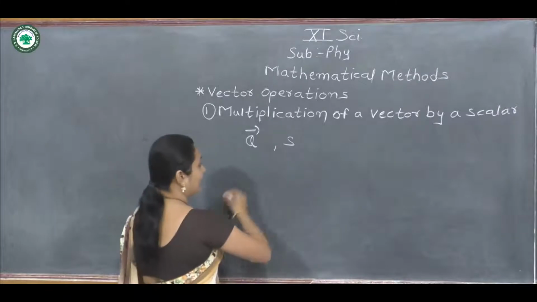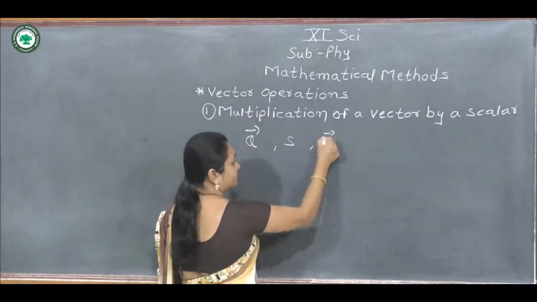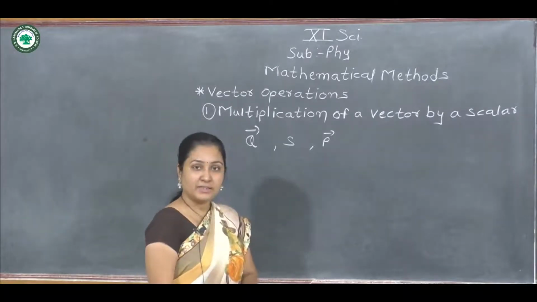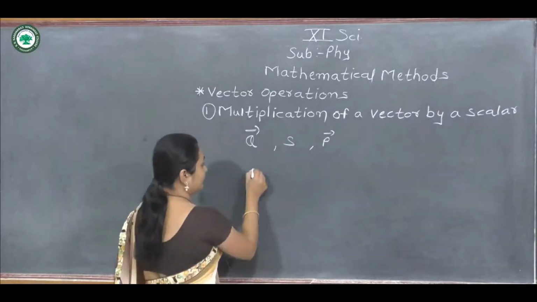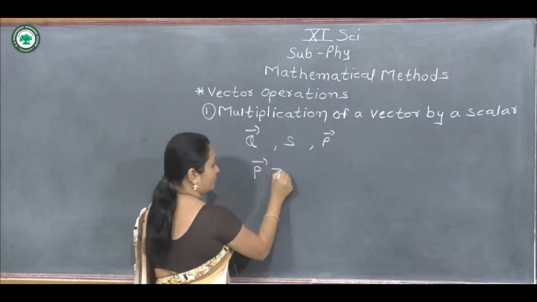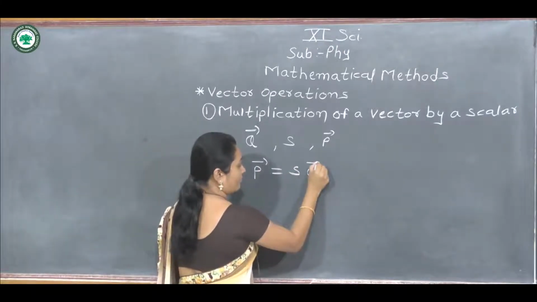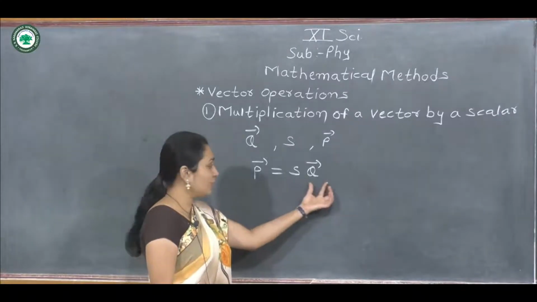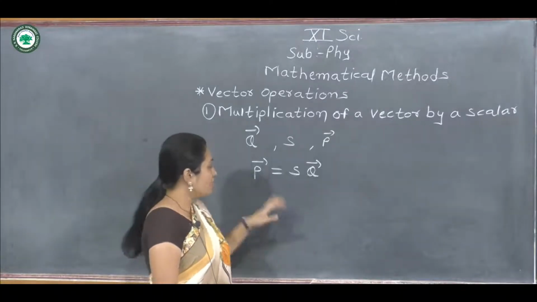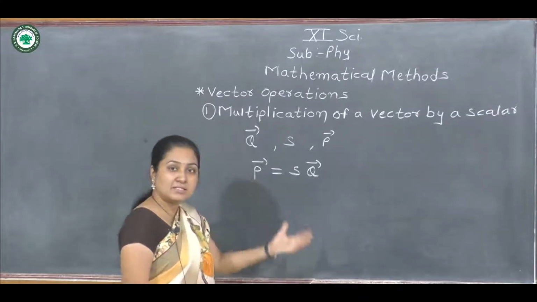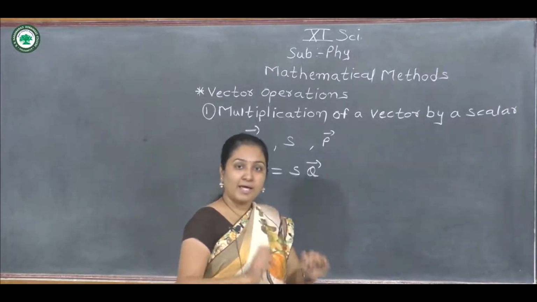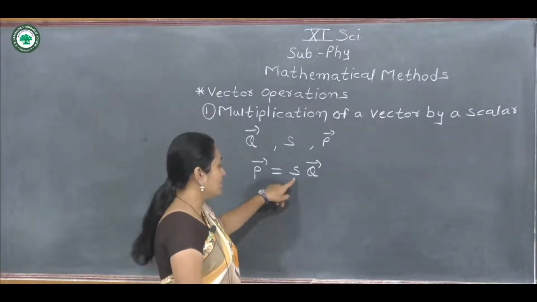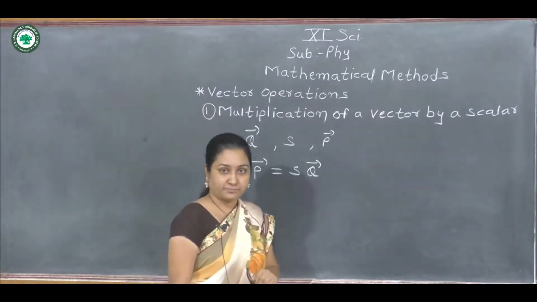Suppose that vector is p bar. Then this vector operation can be written as p bar is equal to s q bar. So p bar is the resultant vector when a vector q bar is multiplied by a scalar quantity s.